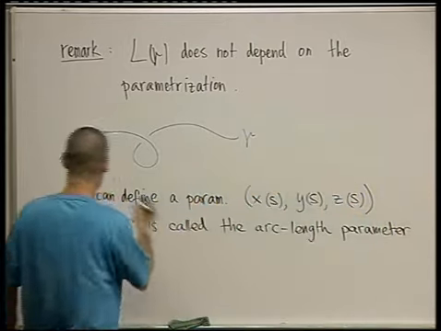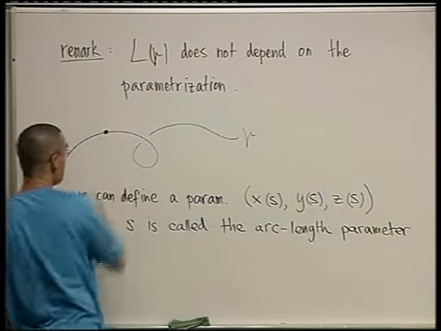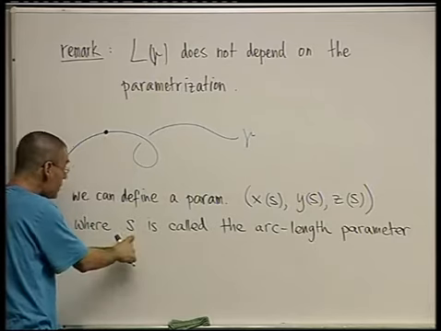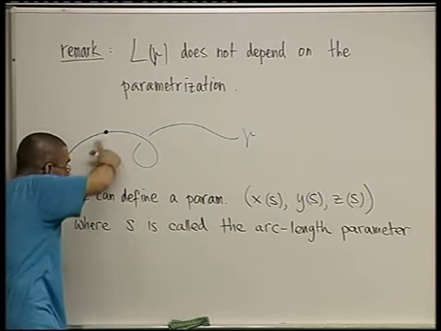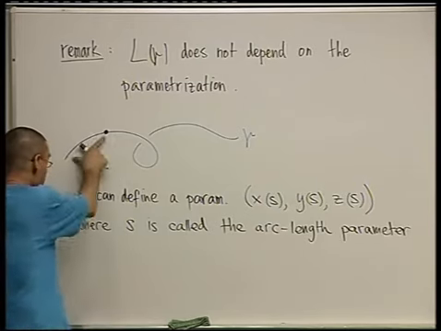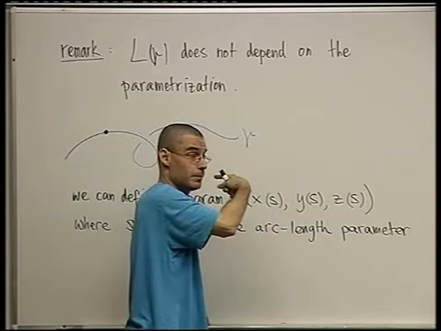And what it measures, so at a given point, this point would correspond to the value s, which is precisely the length of the arc up to this point. That's intrinsic to the curve. It doesn't depend on anything. This is given. You can measure it. Right?